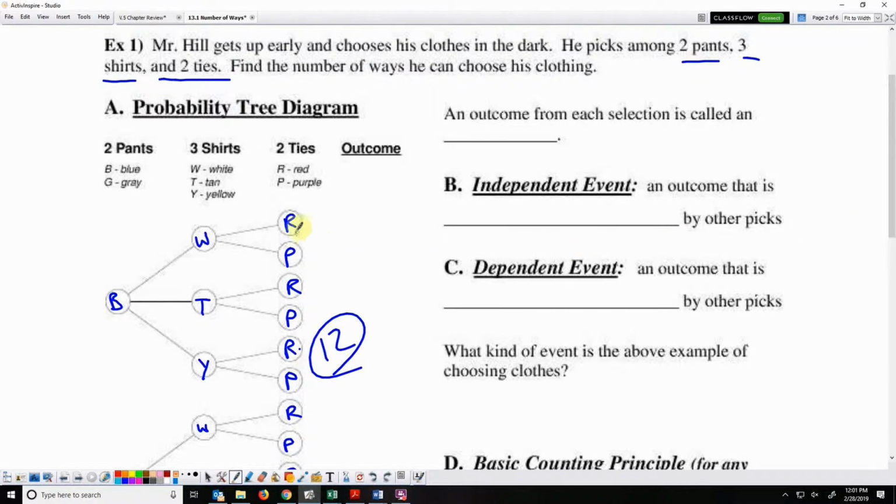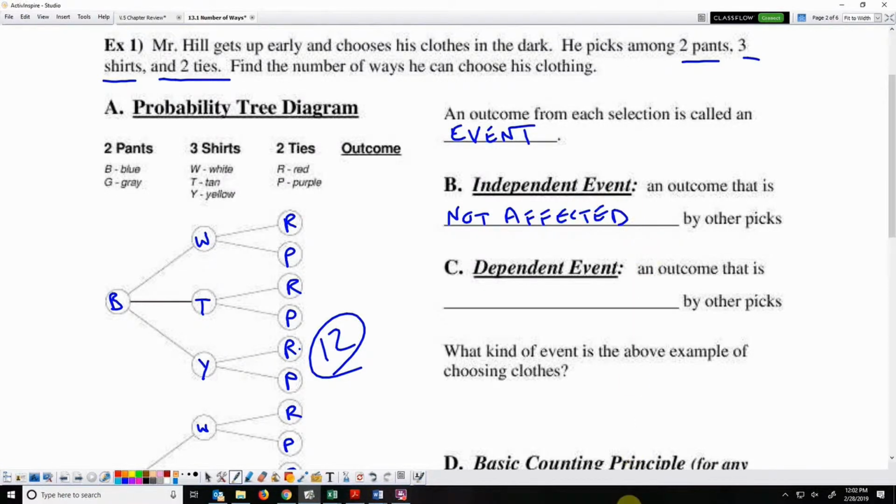Each different outfit is an outcome, and each one is called, in probability, an event. An independent event is an outcome that is not affected by other picks.